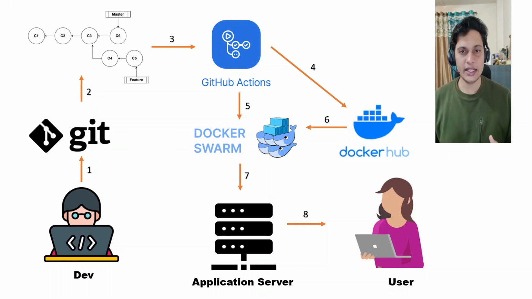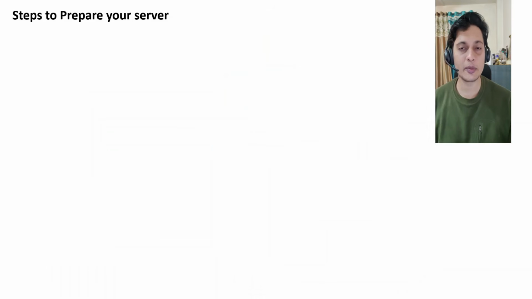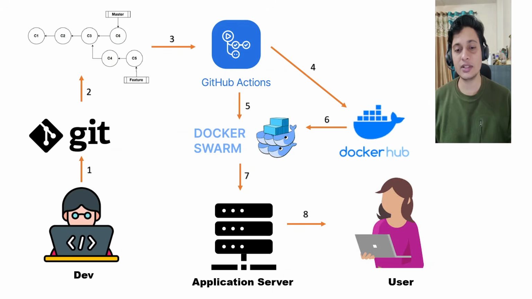So we need a machine where we are going to deploy our application. For that only, we need to prepare a server. This server will be connected to the GitHub Actions, and it will be in sync with some request-response cycle, so that this GitHub Action will monitor that machine: okay, this machine is ready and I can deploy the application.